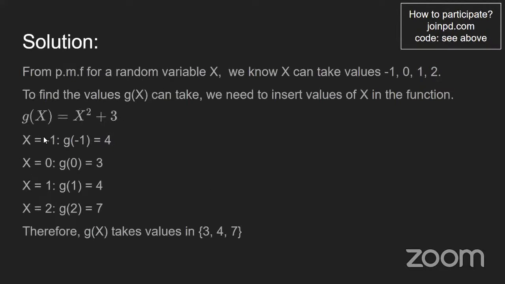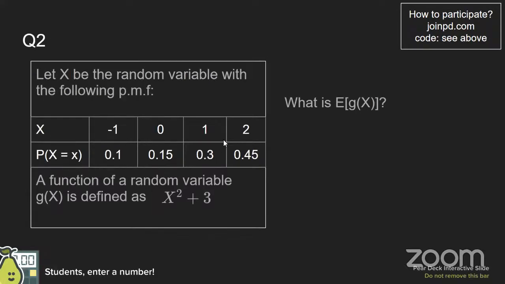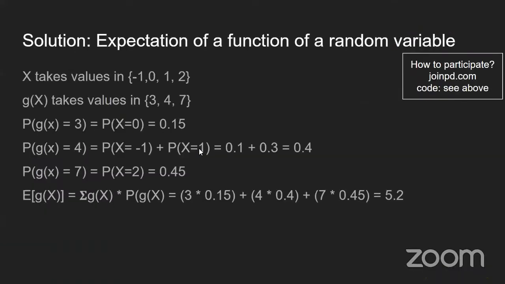So when it's minus 1, the probability is 0.1, and when it's 1, the probability is 0.3. So we can get either this or this, so we'll have to add the probabilities. So it'll be 0.1 plus 0.3, and then you have to do the rest normally.